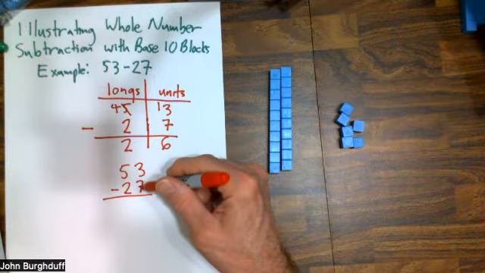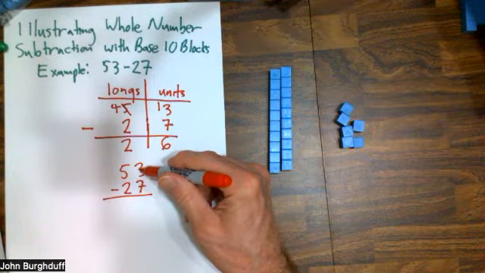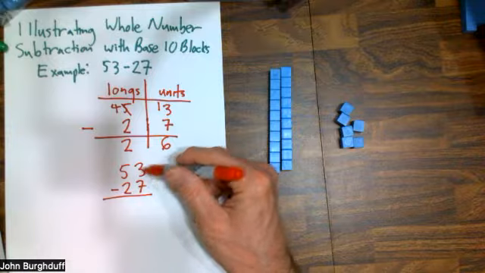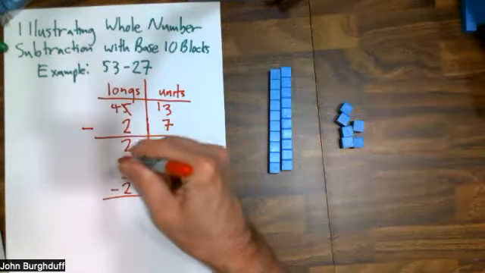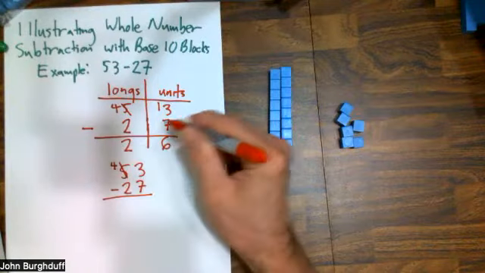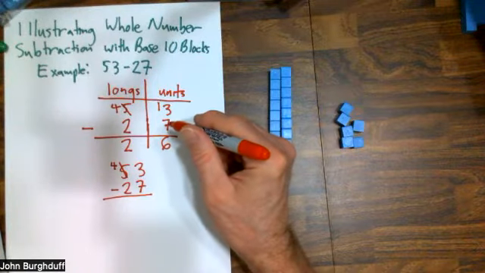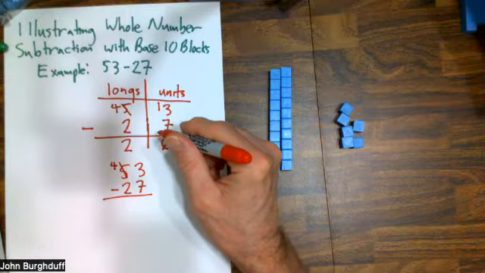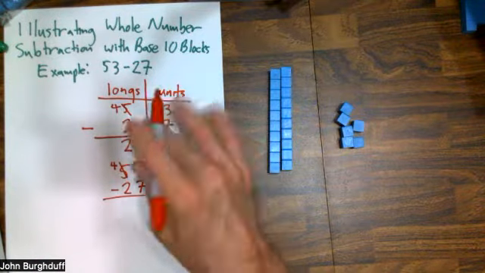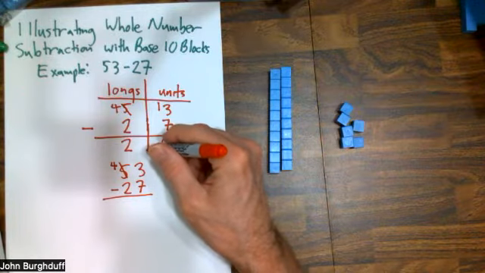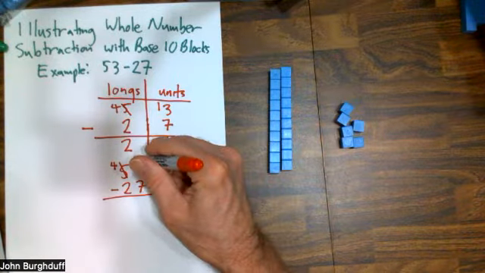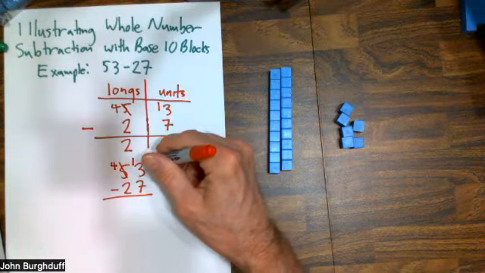And this is telling me to take away 7 ones from 3, and that's not enough. So what we do is in more traditional language, we borrow from the tens place. Exchange is kind of a better word to go along with the manipulatives, but borrow is the traditional word. That creates 10 extra units to put with the 3 we already had.